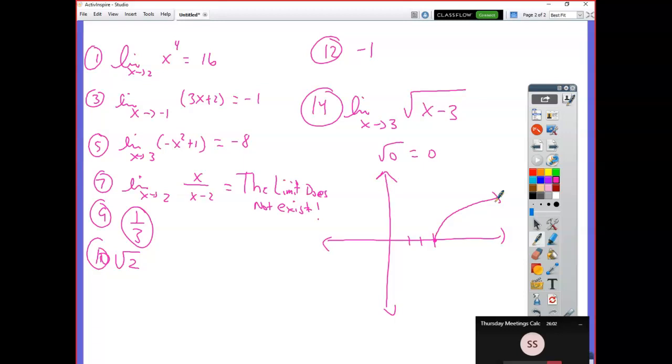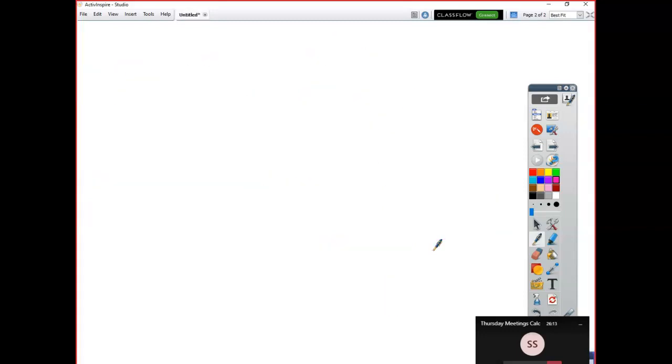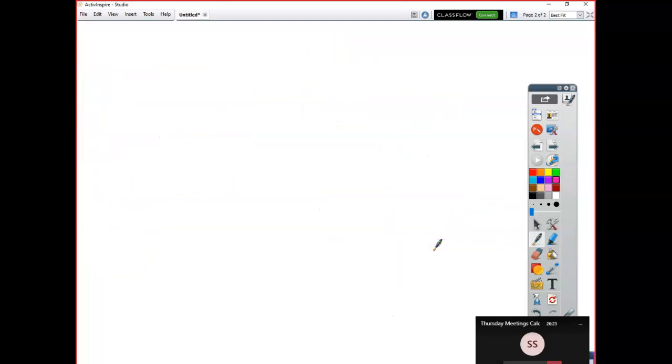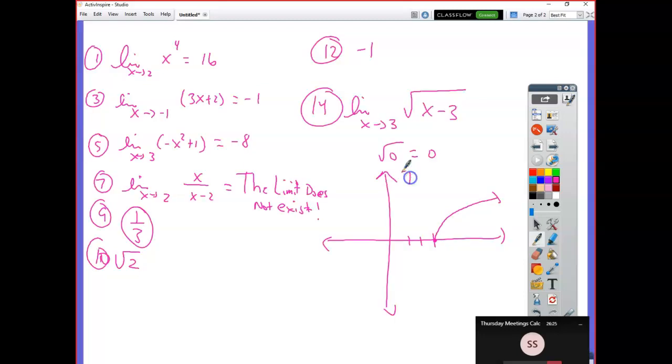As I approach from the left, how do I approach from the left? There's nothing there. Can I approach from the left and follow the function? So since I can't approach from the left and right, the only correct answer is the limit does not exist.